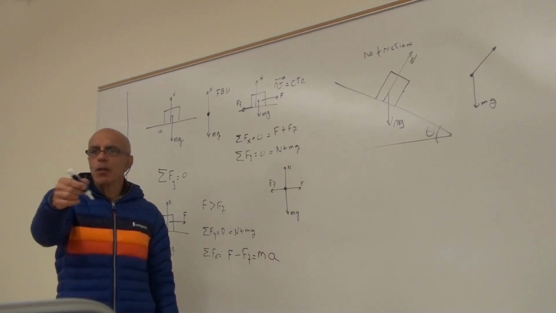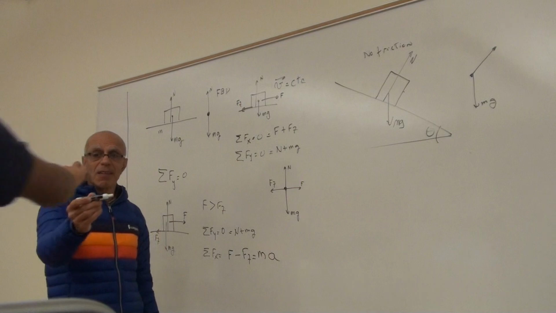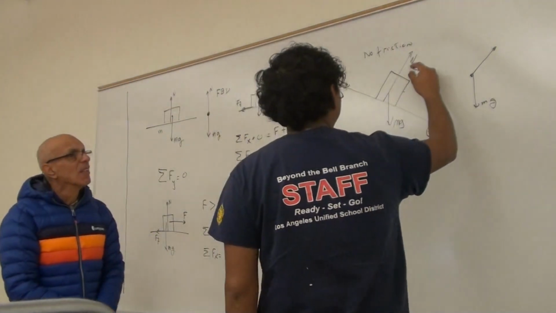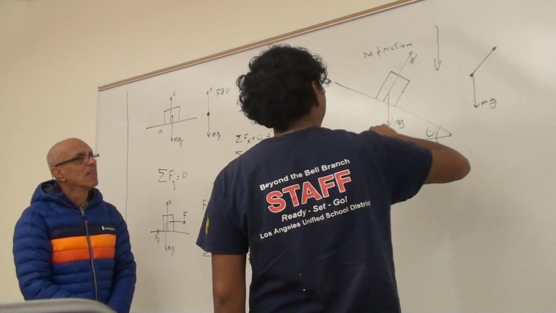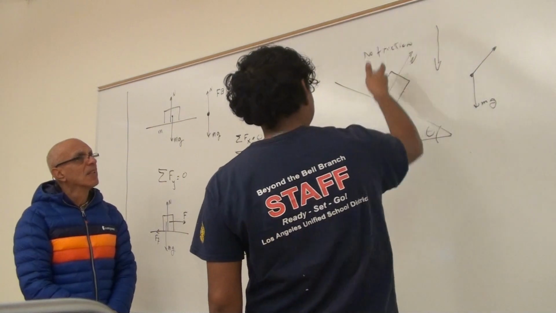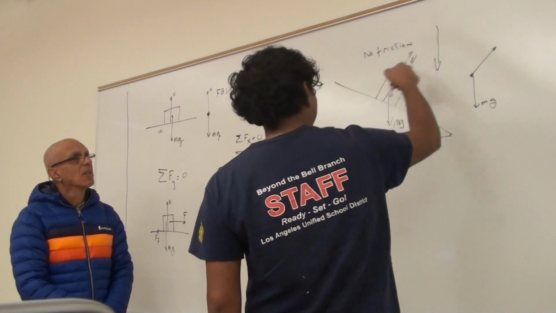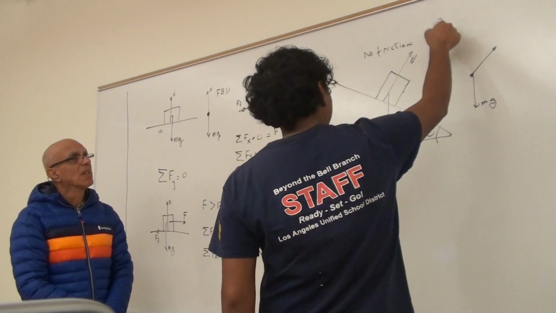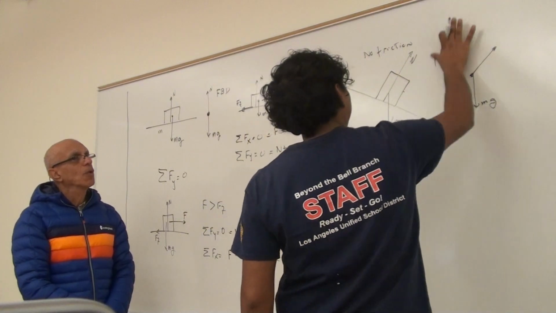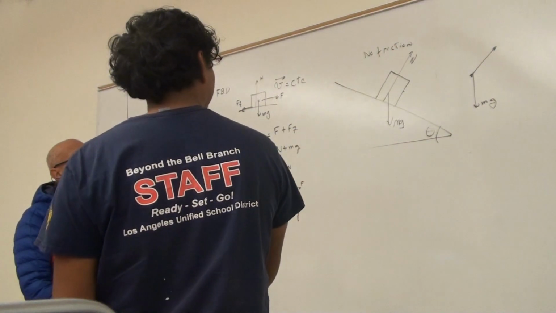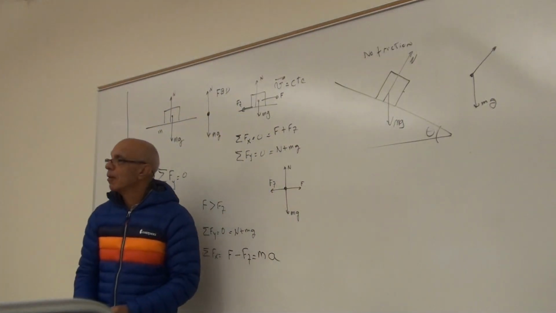Gravity is still affecting the block on a vertical line. That's the mg. Okay, never mind. Very good. Thanks.